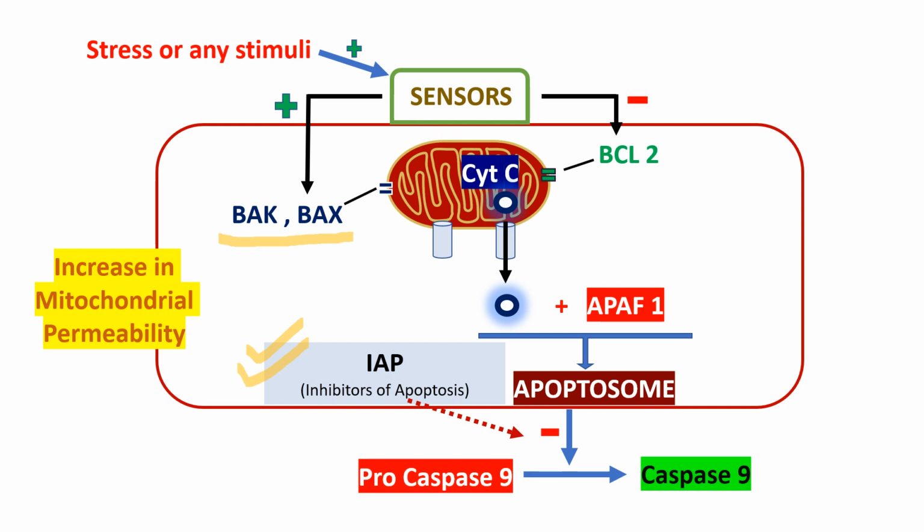So we need something that will cause inhibition or inactivation of these inhibitors of apoptosis, and what will inactivate them is SMAC/DIABLO protein. This SMAC/DIABLO protein was also present inside the mitochondria, and because of the increase in mitochondrial permeability, it will come out of the mitochondria into the cytoplasm, and it will inactivate the inhibitors of apoptosis.